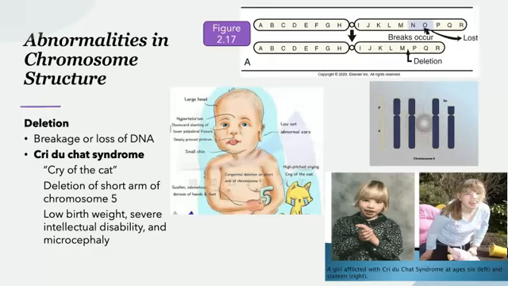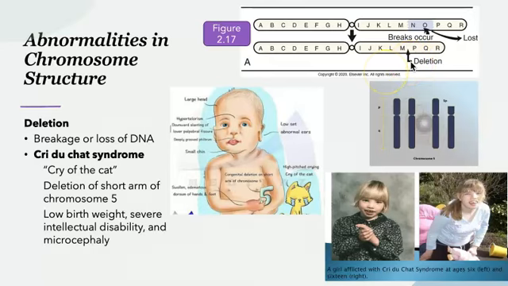If we have a deletion, that could be due to a breakage or loss of DNA. So you can see over here in this figure that we have A through H, which is fine. And then here we have the continuation of the alphabet. And then we have a break occur, and we see that we have lost this DNA content in here. So it's been deleted.